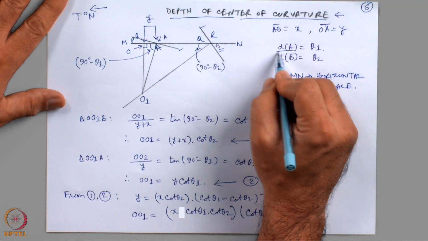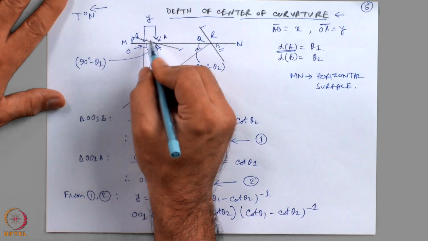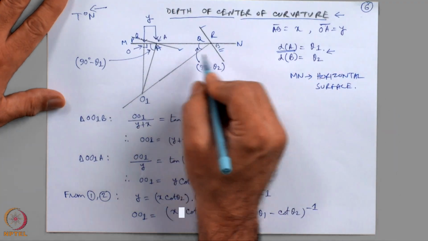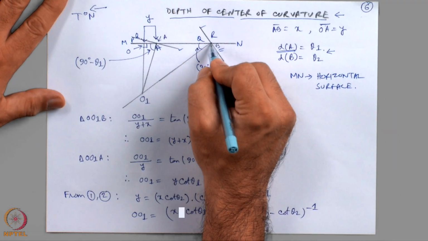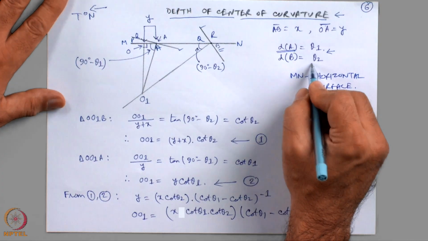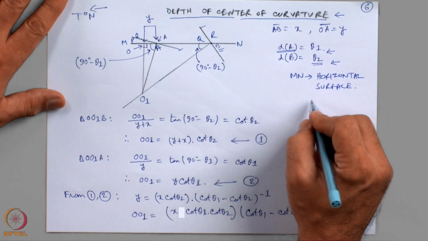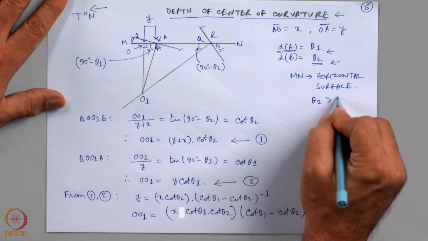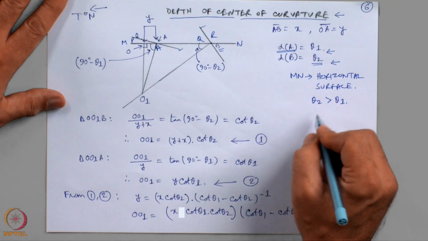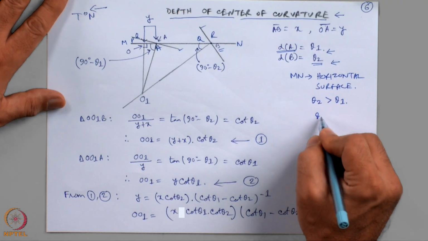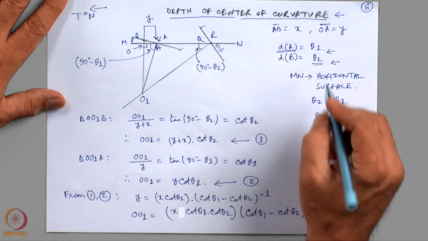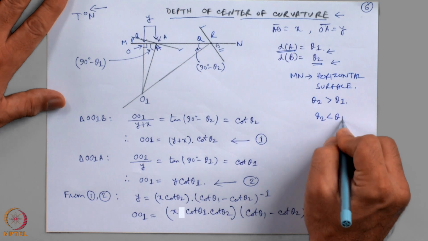The dip at the contact A between lithologies P and Q is say theta 1, the dip at the contact between Q and R at point B is say theta 2, and in my drawing theta 2 is more than theta 1. Later students need to derive the formula of the depth of center of curvature when theta 2 is less than theta 1.